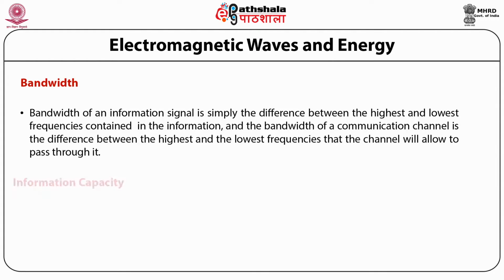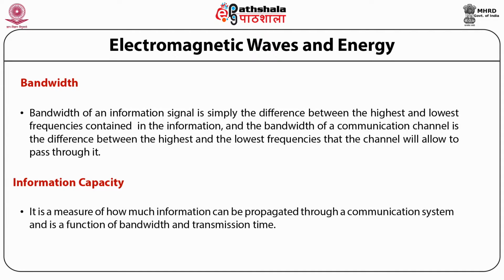Last one is the information capacity, which is nothing but a measure of how much information can be propagated through a communication system, and it is a function of bandwidth and transmission time.